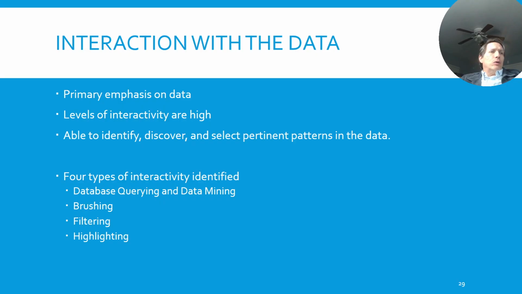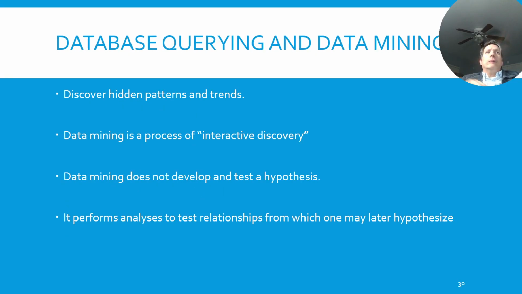Let's look at every single one of them in detail and what they can do for us. As I was saying, with database querying and data mining, we can discover patterns and trends. Data mining is considered a process of interactive discovery. You can do that manually or you can do that computationally.